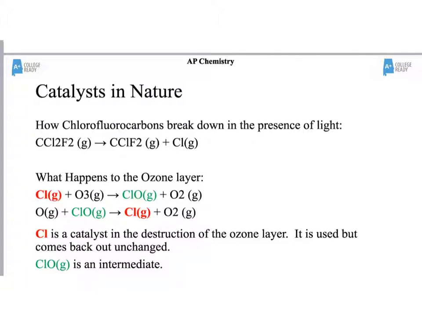Okay, catalysts in nature. A perfect example they use all the time is chlorofluorocarbons breaking down ozone. So here's an example of a catalyst in a reaction. In the ozone layer, we can see the chlorofluorocarbons breaking down the ozone layer.